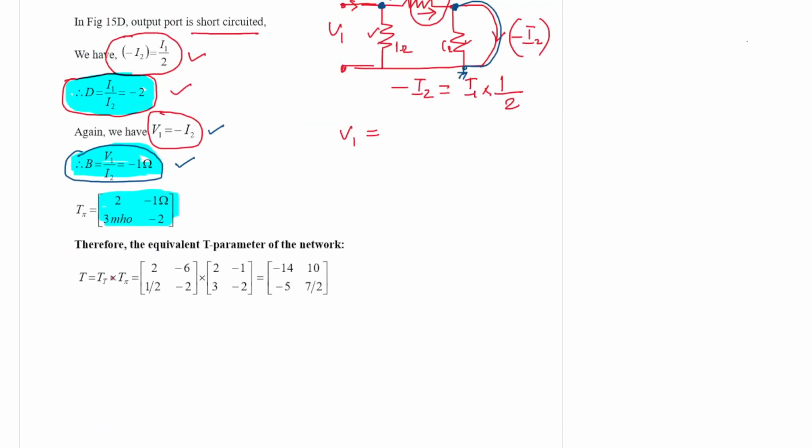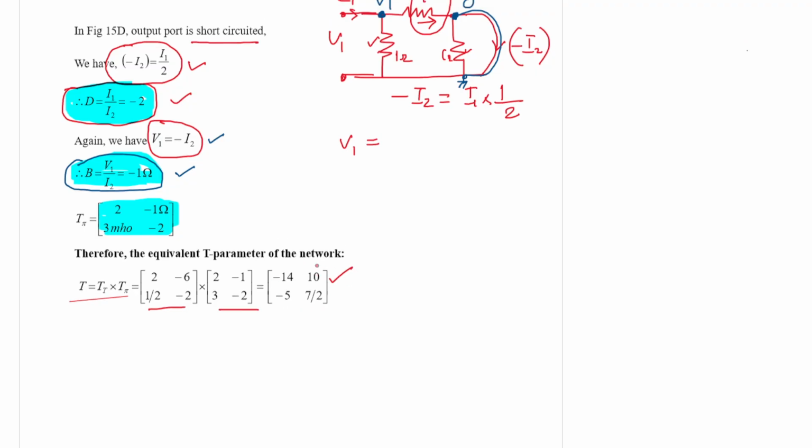So the equivalent T parameter should be obtained by multiplying the T parameter of the T network and the T parameter of the pi network. If you multiply these two matrices, this is the answer.